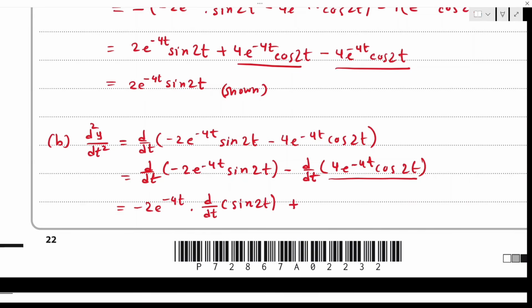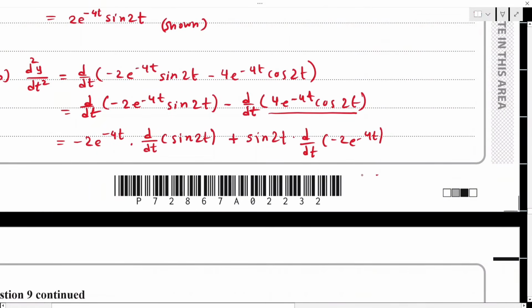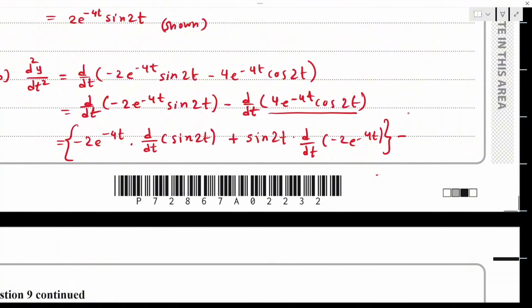Then I will add the second term multiplied by the differentiation of the first term. This will be in a bracket, and there will be our known differentiation, minus 4 e to the power of minus 4t. I've written it like this so that I can write out the differentiation for this from part A.